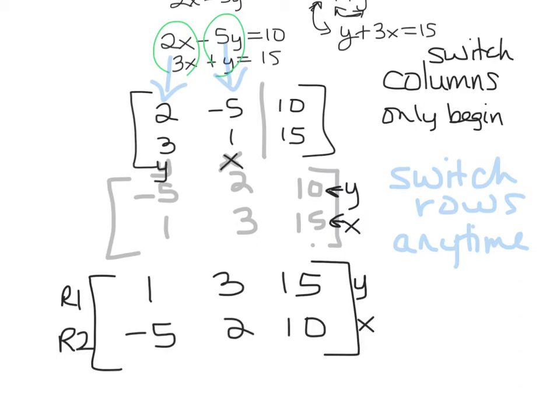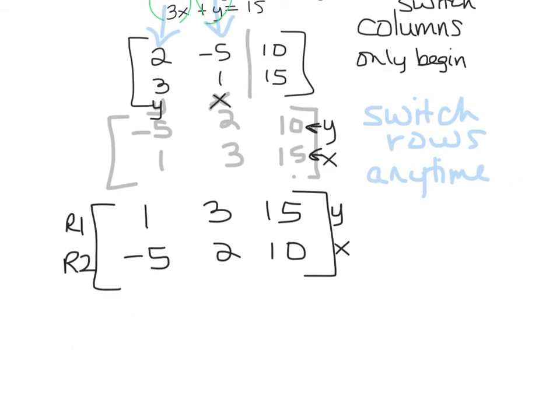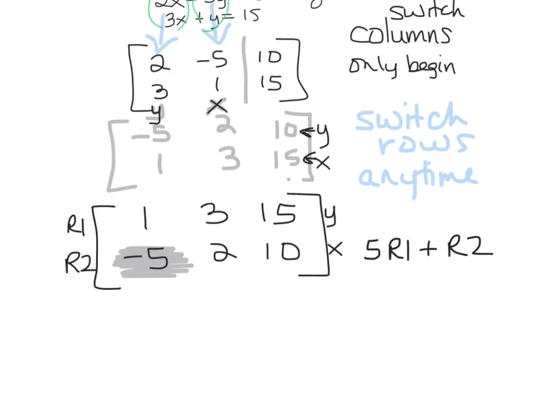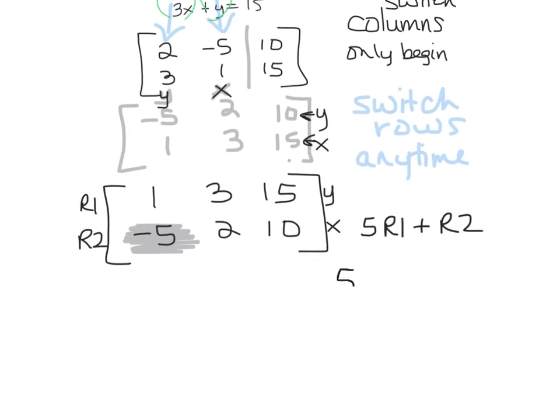So now the next thing I need to work on is changing this negative 5 into a 0. So what we're going to do is take row 1 and multiply it by 5 and add it to row 2. So row 1 becomes 5, 15, 75.